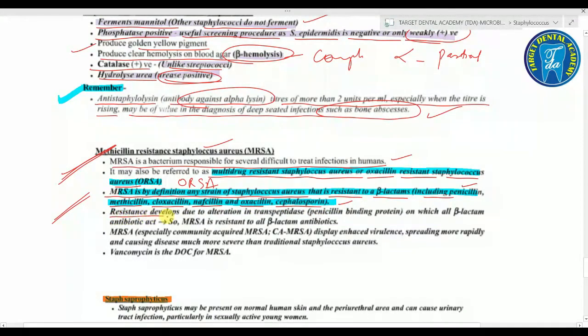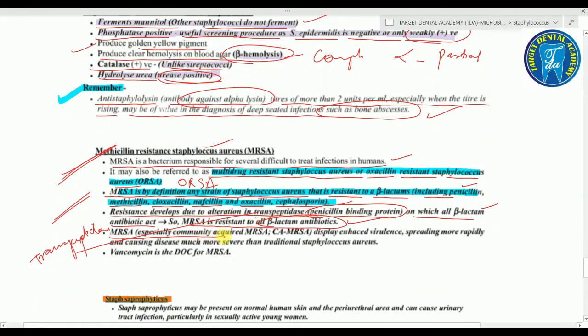The resistance developed due to an alteration in the transpeptidase, which is the penicillin binding protein, on which all the beta-lactam antibiotics act. So MRSA is resistant to all the beta-lactam antibiotics.